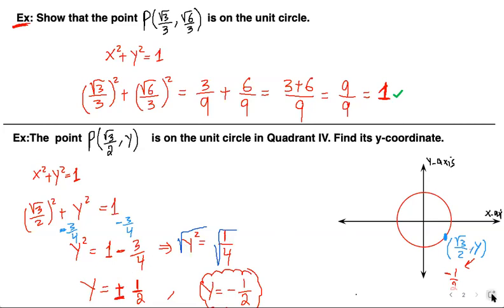Okay, now let's go to the important things. It's the terminal point. It's called the terminal point on the unit circle.